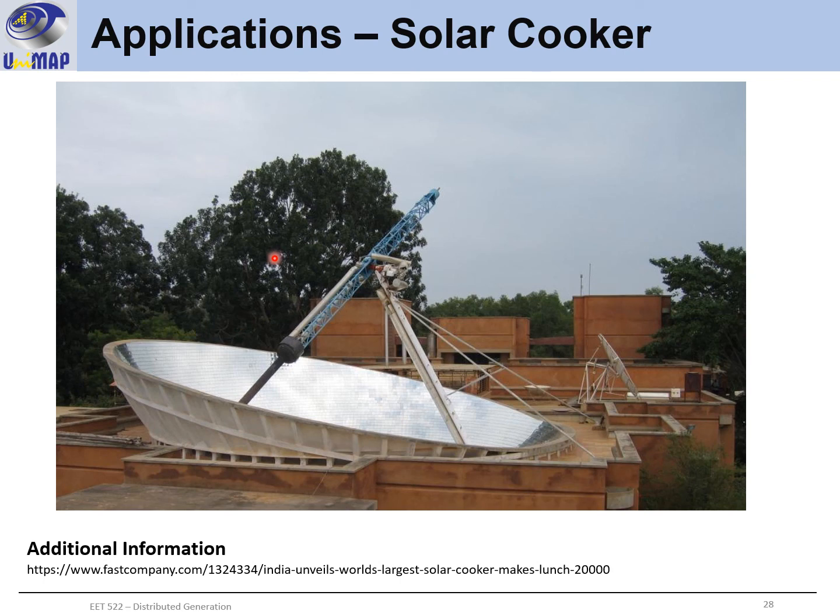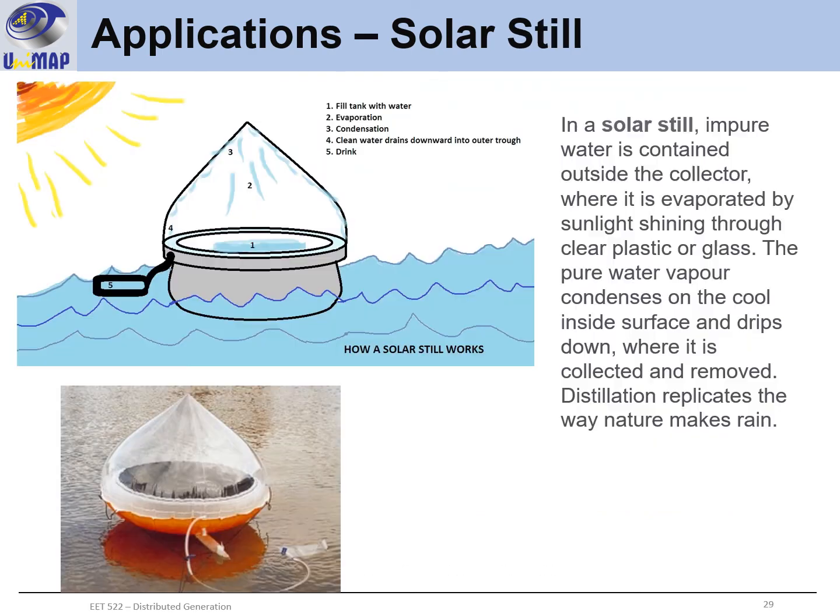If you go through this article on this website, it mentioned that many places in India use this technology. Okay, and at some worship places where many people do pilgrimages in India, they cook meals for them using this solar cooker system.